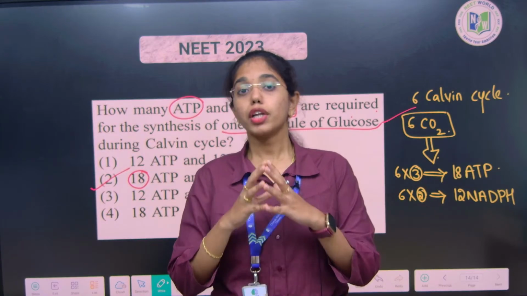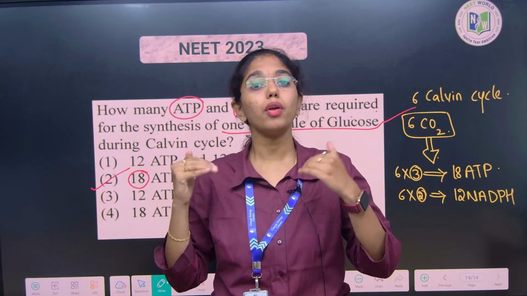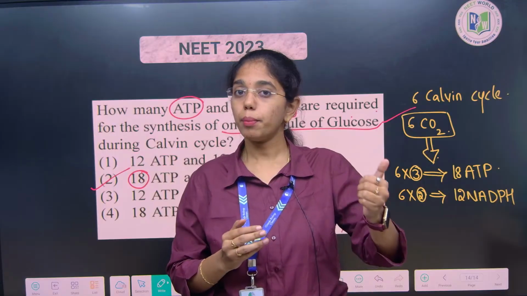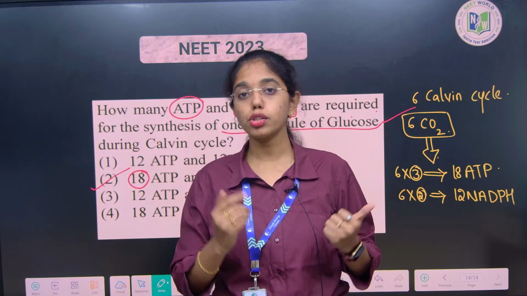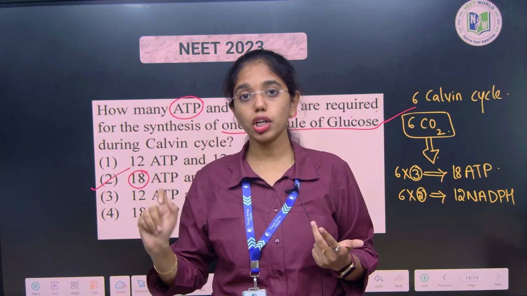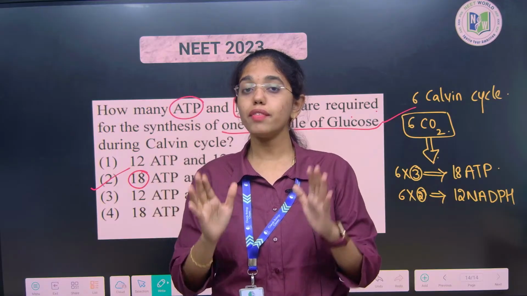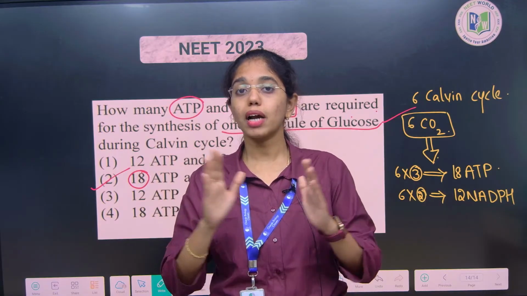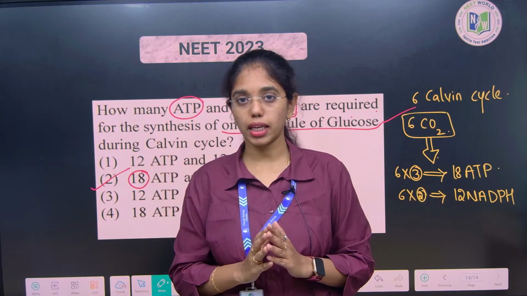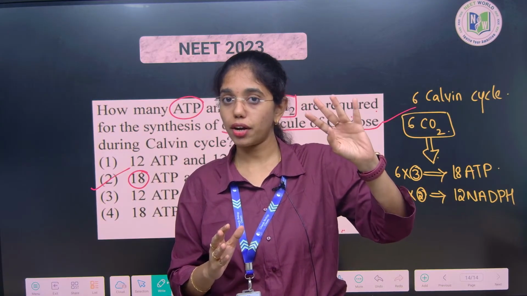And then for the formation of glucose, what kind of plants will operate what cycles? Temperate plants only C3 cycle, tropical plants C3 cycle and C4 cycle, desert plants C3 cycle and CAM cycle, of which today we have learnt wholly and completely about the C3 cycle, where we have learnt 3 steps: carboxylation, reduction and regeneration.